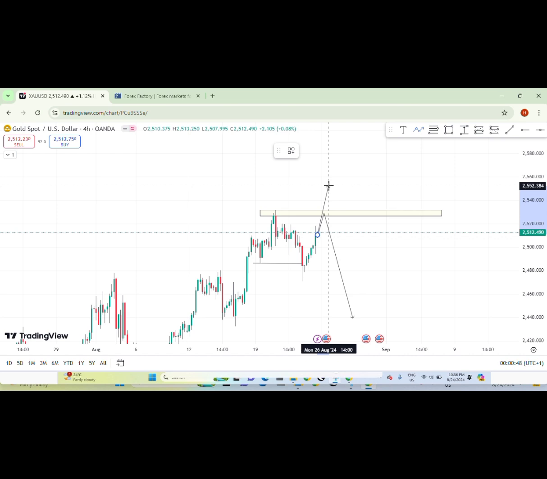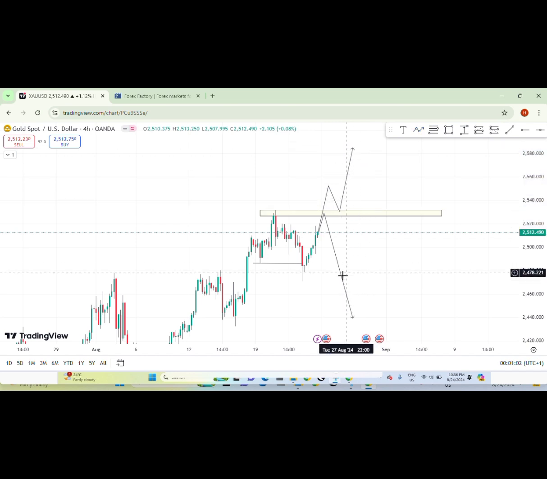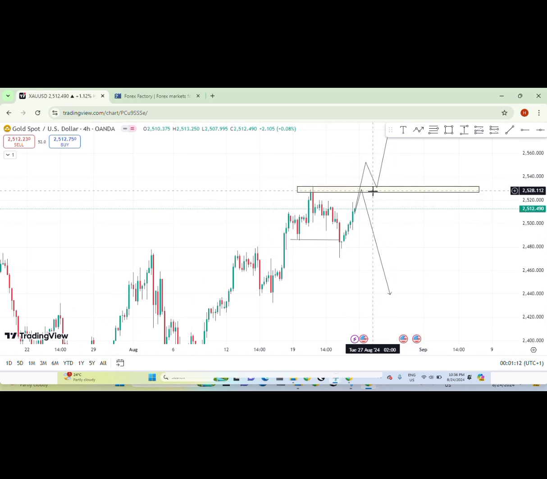For the buy scenario, I'll wait for a retest or a retracement to this key zone here, then look for buying confirming candlesticks, then buy gold. So this is a very simple analysis on gold. So I've given you both sell scenario and buy scenario over here, but my main bias is bearish. I'll only buy if gold breaks this particular zone upward here, then gives me the retest or a retracement.